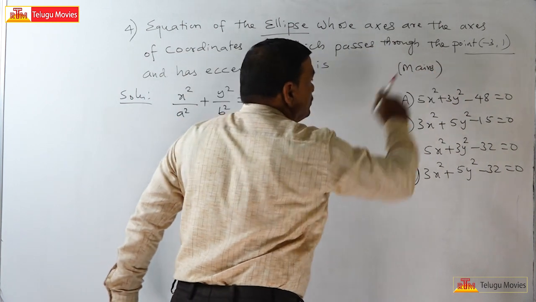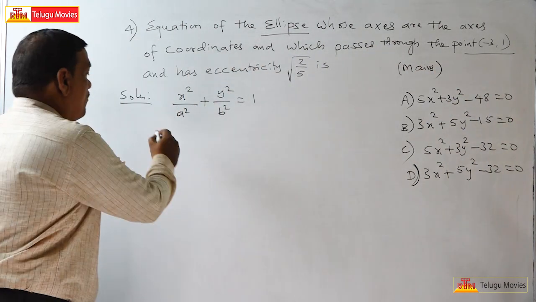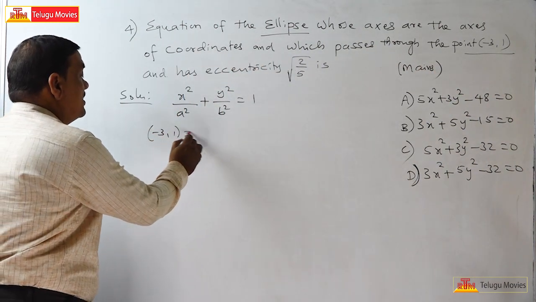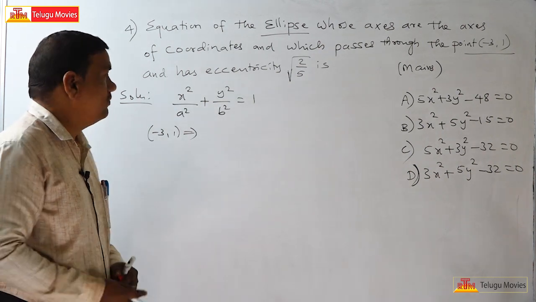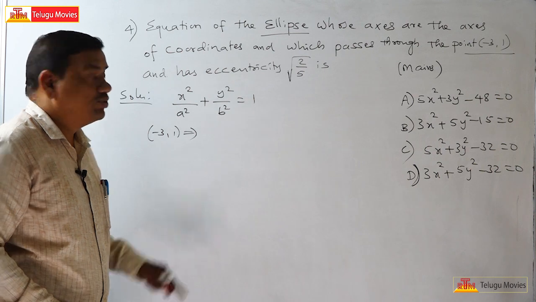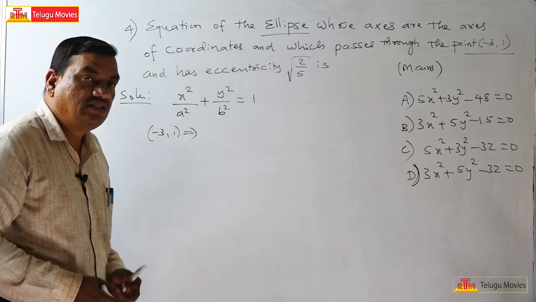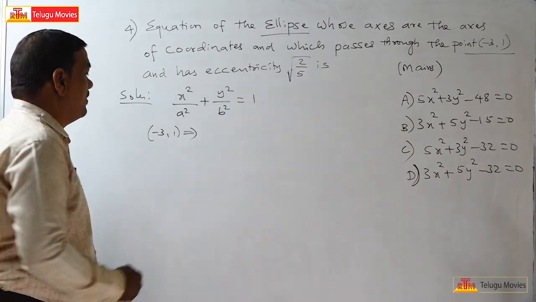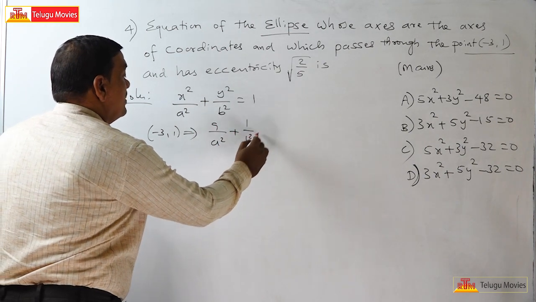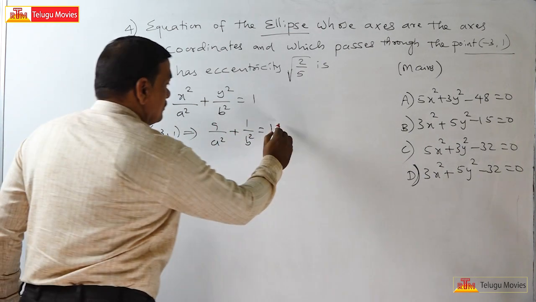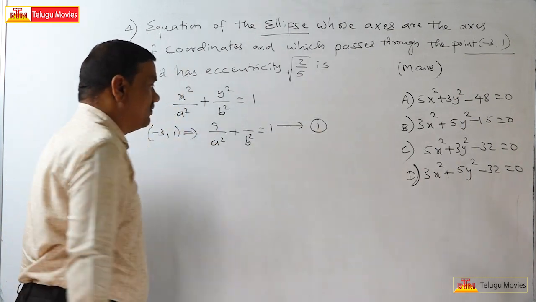This passes through the point (-3, 1). Then obviously we can substitute. In place of x we will substitute -3, in place of y substitute 1. So this is equal to 9 by a square plus 1 by b square is equal to 1. Call it as equation number 1.